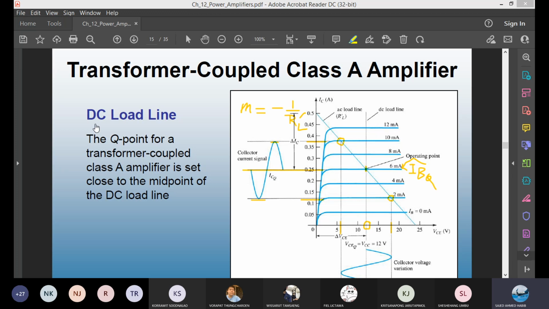Okay, and we will go to the collaboration space. Call it power amplifier, and then let me switch the screen for you.